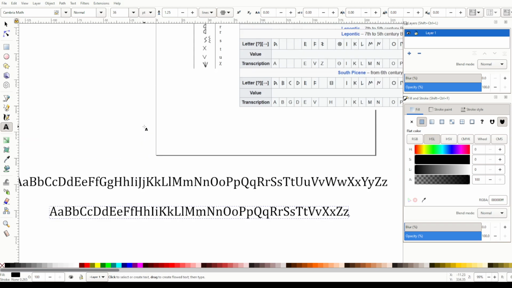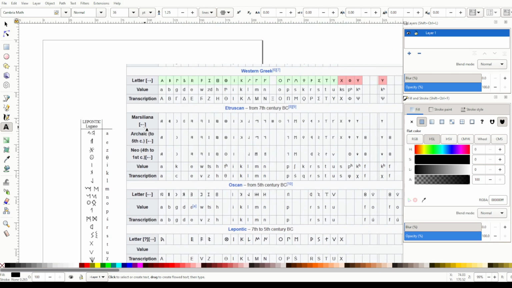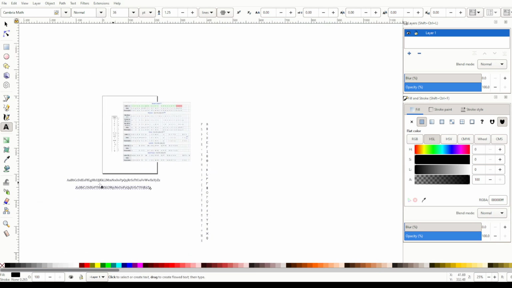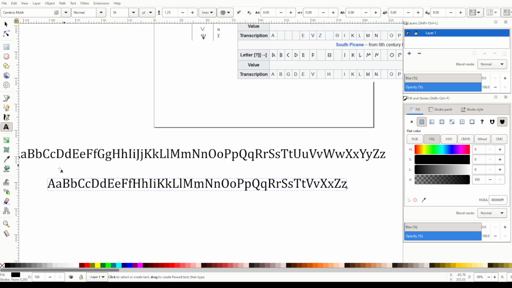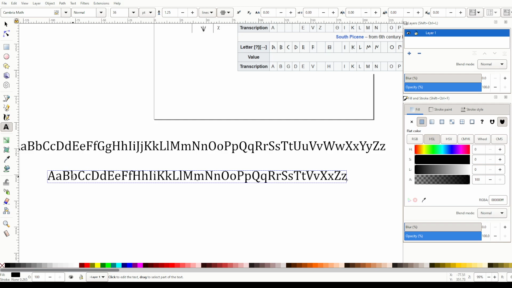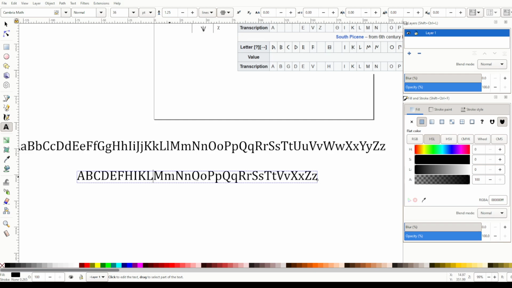And here we have something a lot more similar to the runes, the Futhark. But another change we have to make is, of course, there's no lowercase runes. So we get something like this.